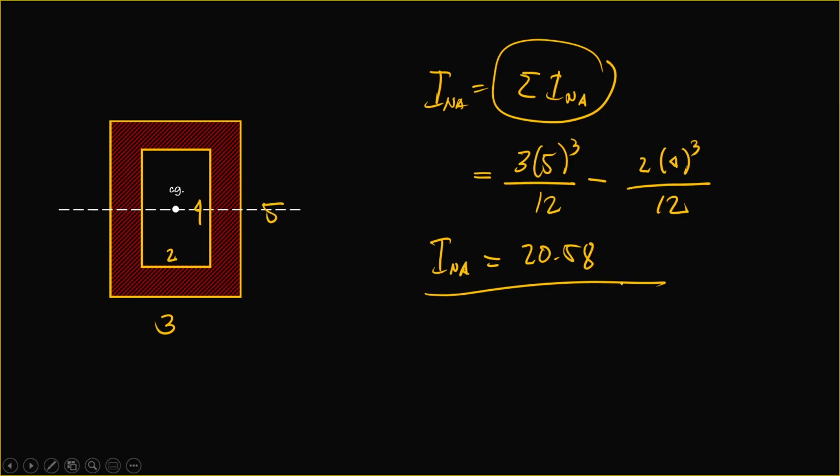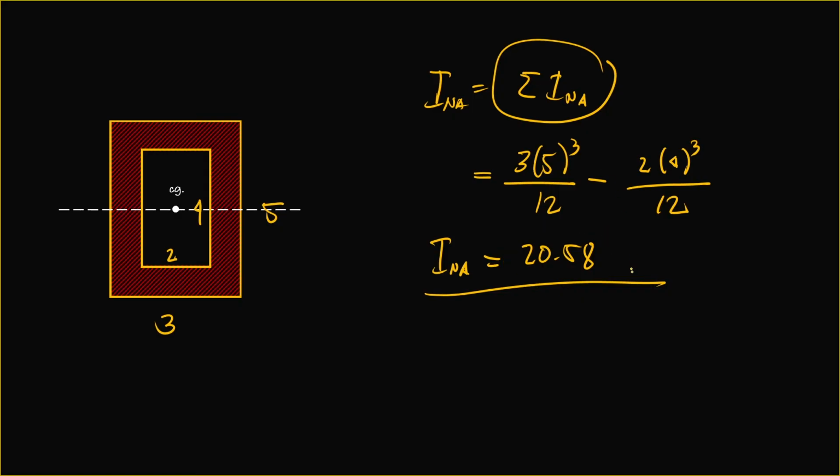Usually, it is seldom asked what the neutral axis is. Usually the neutral axis is just a step in the design. So in the board exam, this is not yet the final answer. Do not use 20.58; use the whole value.